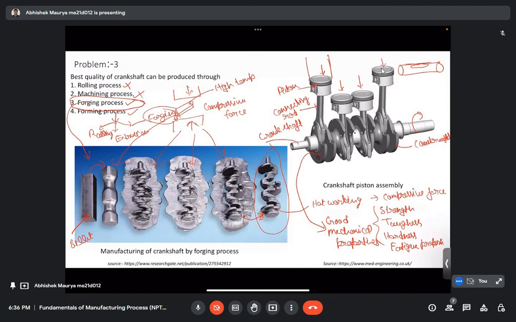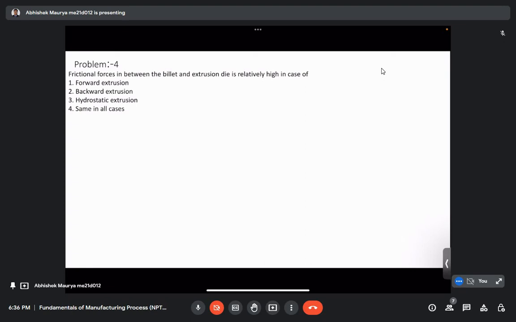Okay, it looks like it's clear to everyone, so let's quickly move to the next question. Please read the question and try to solve it, and meanwhile I will create the polls. You can give your response in the polling section. After that we will discuss it together.